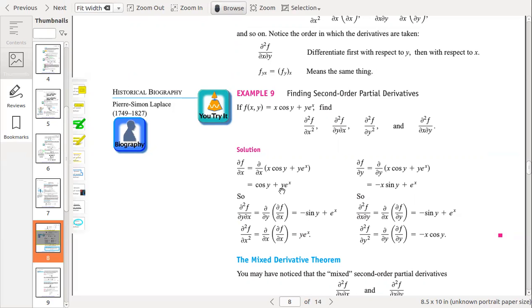So if we apply partial of partial y, x will be considered as a constant. So e power x is considered as a constant and derivative of y is 1. Similarly, derivative of cos y is minus sine y. So that is why we get this result here.